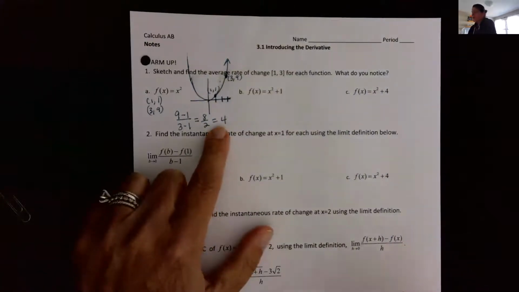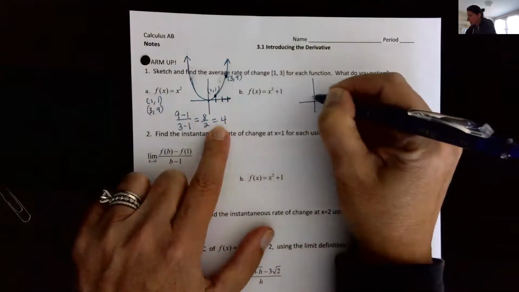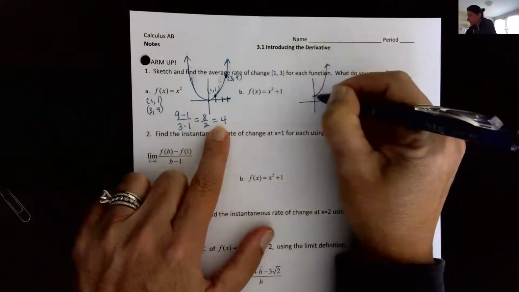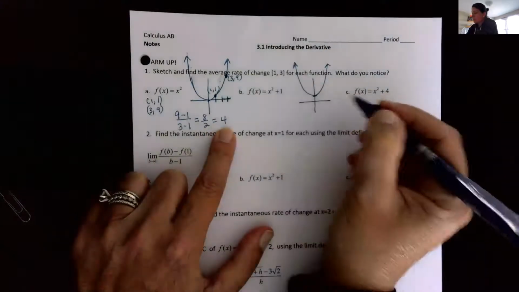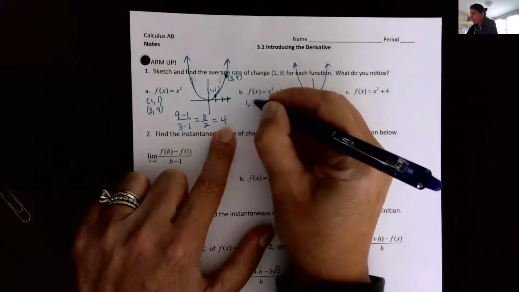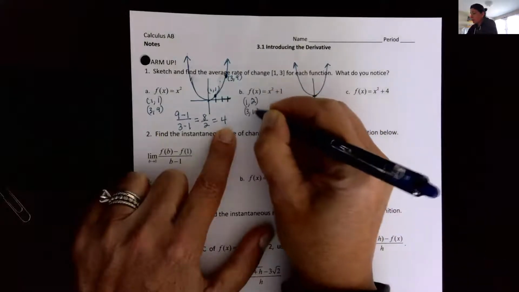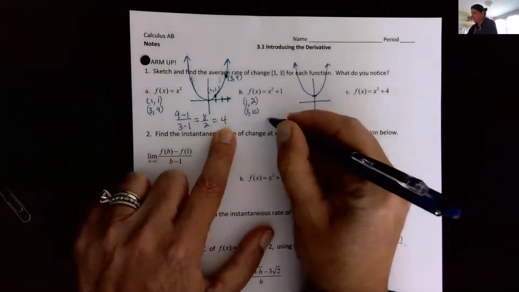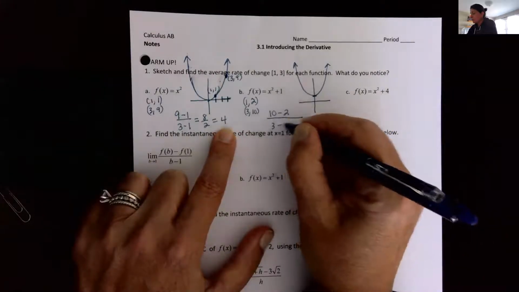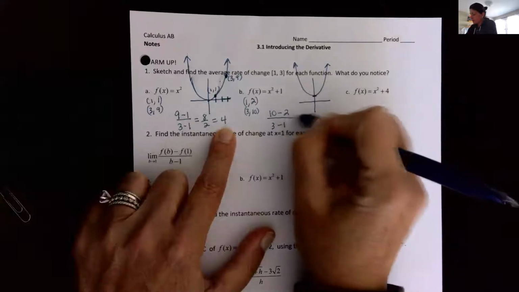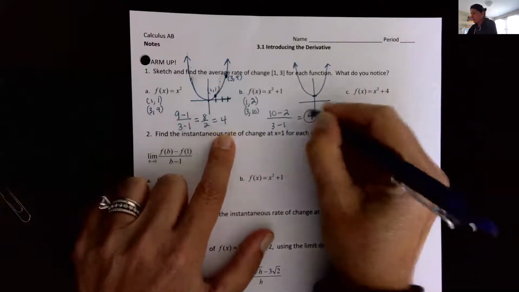And what you're quickly going to find is that if I keep sketching, I'm just up 1 unit. So at 1, I'm at 2, and at 3, I would be at 10. So that would mean 10 minus 2 over 3 minus 1, 8 over 2, 4.